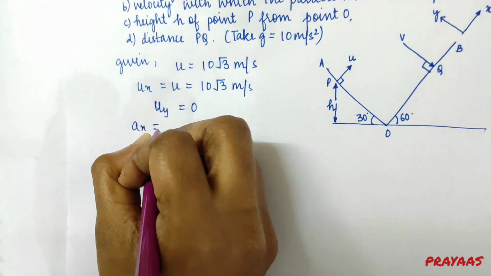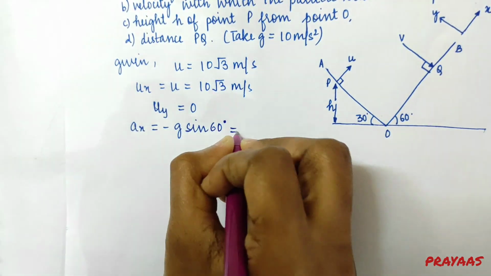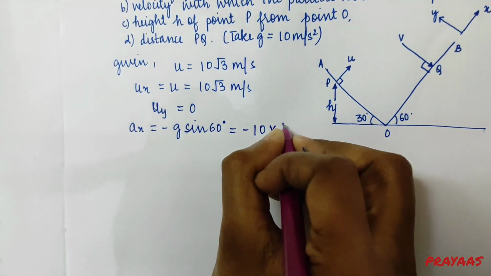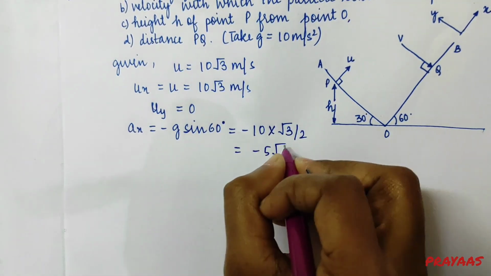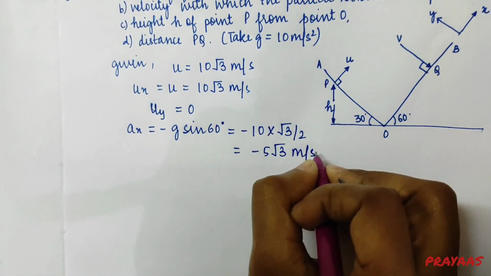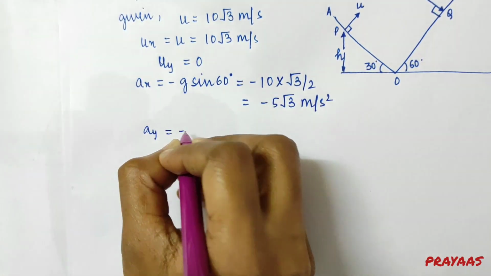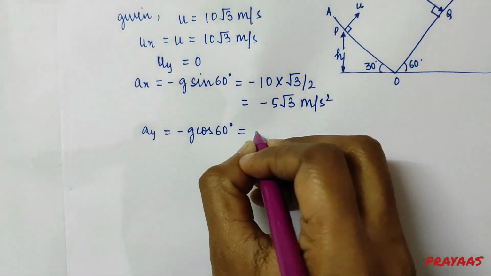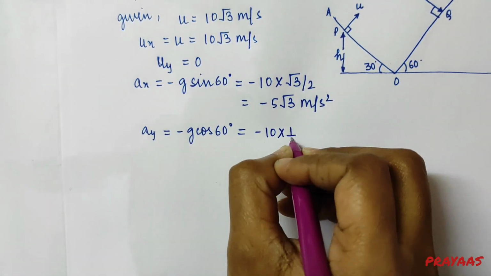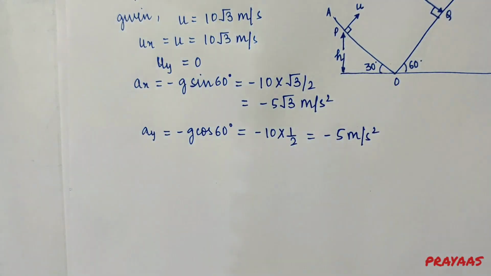Ax is minus g sin 60 degrees, that is minus 10 into root 3 by 2. This will be minus 5 root 3 meters per second squared. Ay will be minus g cos 60 degrees, that is minus 10 into 1 by 2, that is minus 5 meters per second squared.